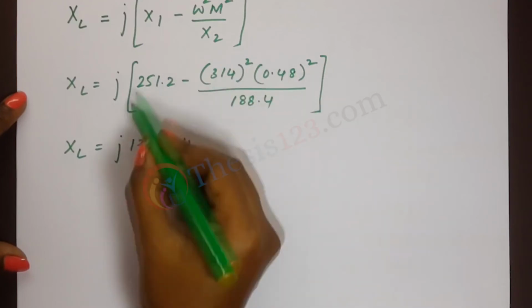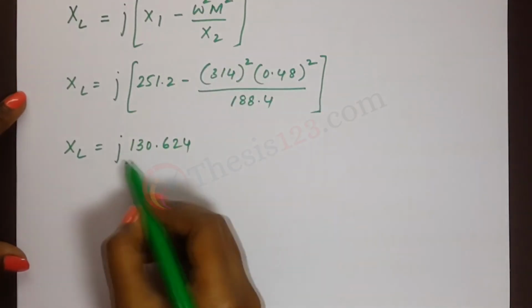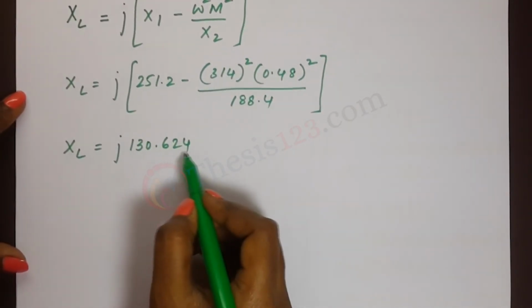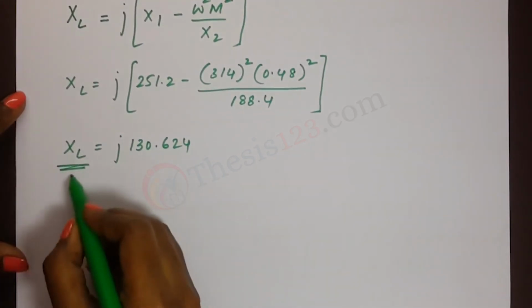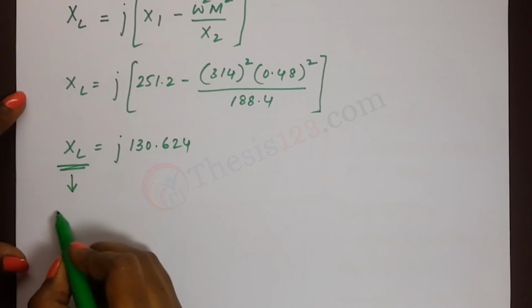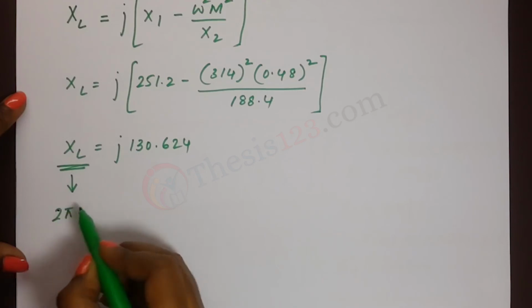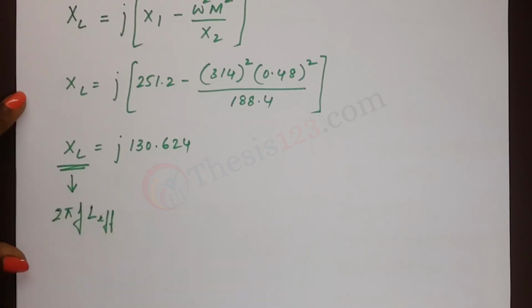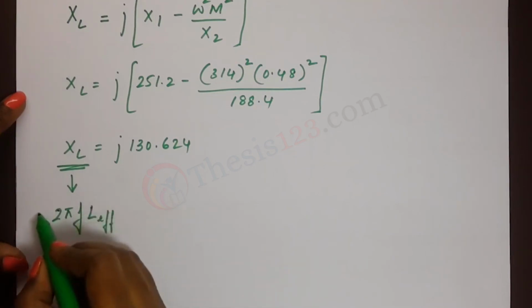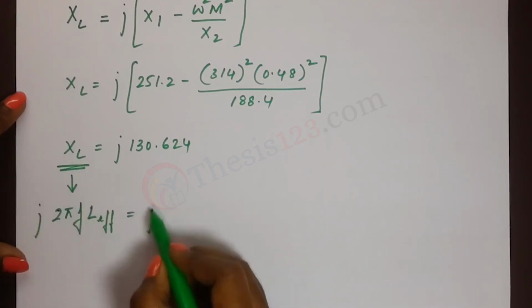This gives us XL is equal to j130.624. Once you solve this entire thing, we get XL is equal to j130.624. Now XL, if we expand, we can write this as 2 pi f L effective.